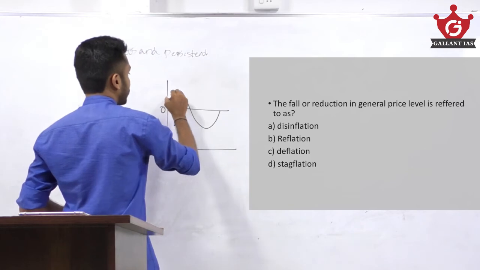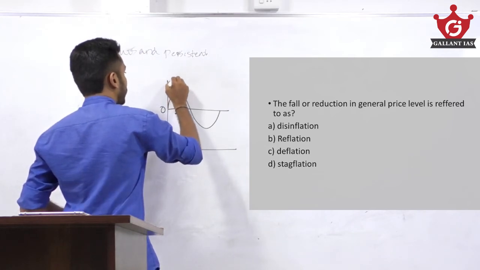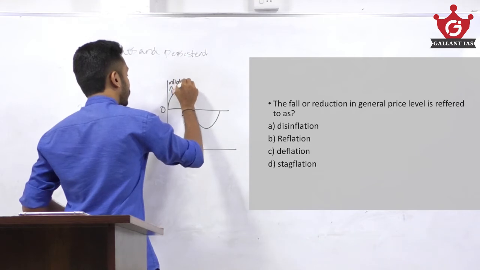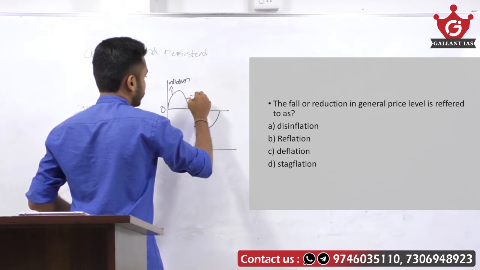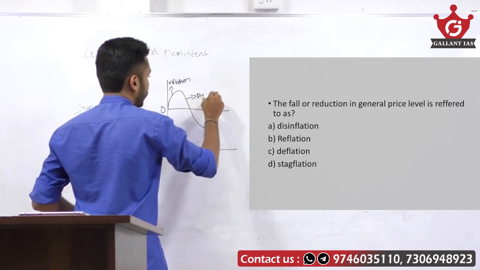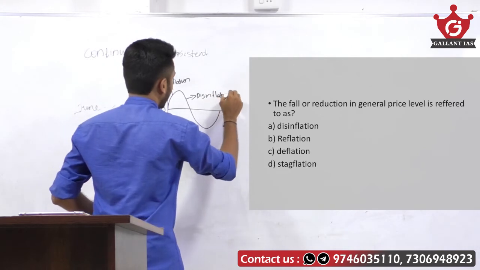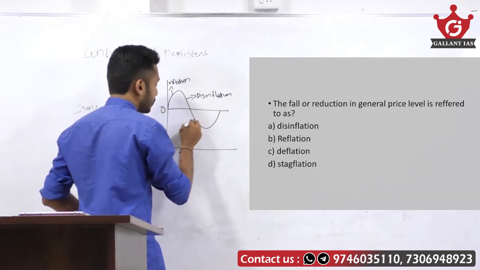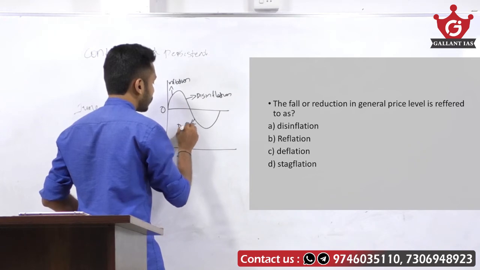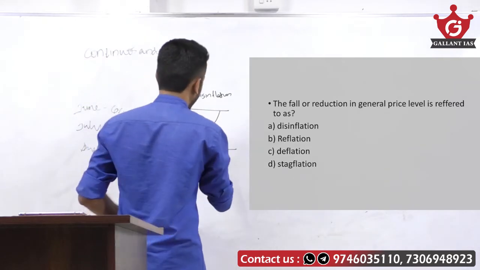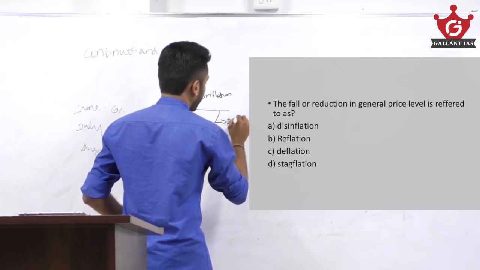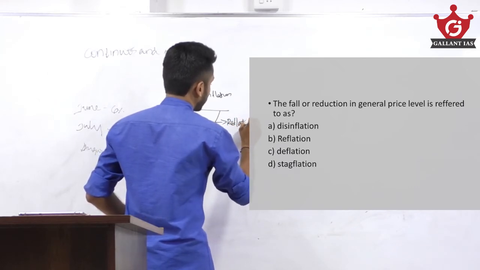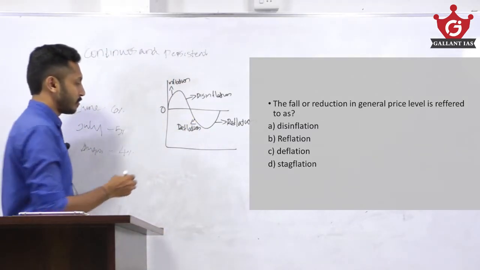This part, a consistent increase in the general price level, is inflation, and inflation at a reducing trend is disinflation. A consistent or persistent decrease in the general price level is deflation. And the economy recovering from deflation through stimulus packages provided by the government is reflation, a recovery phase. So these are the four items.